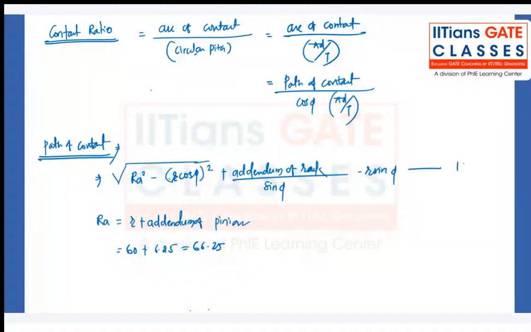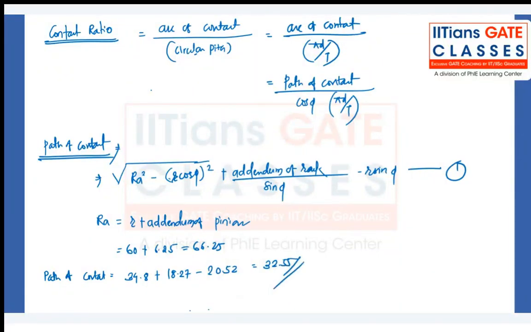Now if you put it back into equation number 1, path of contact is equal to 34.8 plus 18.27 minus 20.52. Overall it will be 32.55.